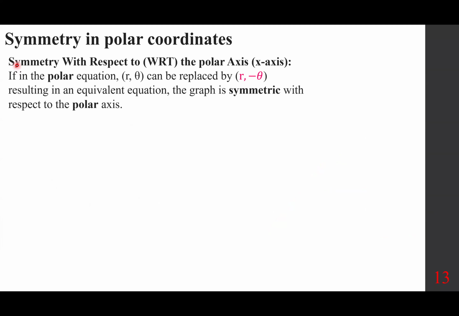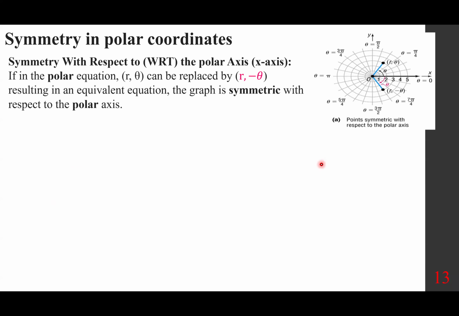All right, symmetry with respect to the polar axis, the x-axis. If in the polar equation r comma theta can be replaced by r comma negative theta, resulting in an equivalent equation, the graph is symmetric with respect to the polar axis, the x-axis in essence.